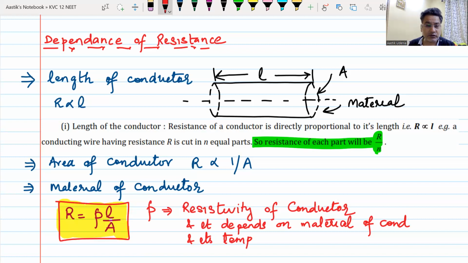Since rho depends on temperature, resistance R also depends on temperature.